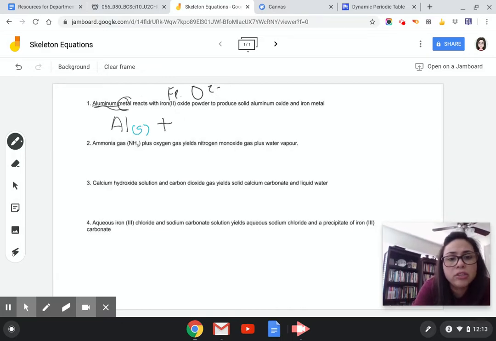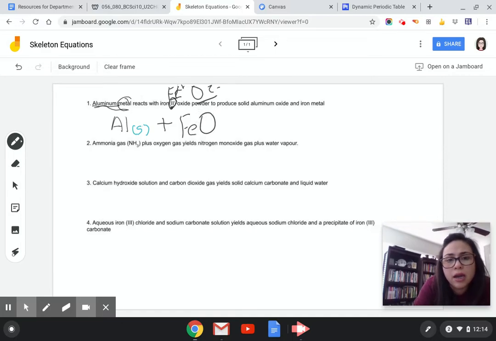Now, iron 2, that Roman numeral expresses the charge for these transition metal elements. So that's also telling us it's a 2 plus charge. Notice that iron has a 2 plus, oxygen has a 2 negative. Those cancel out, giving us the formula for iron 2 oxide, FeO.